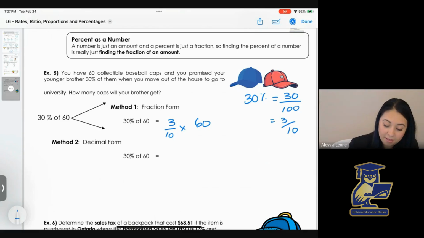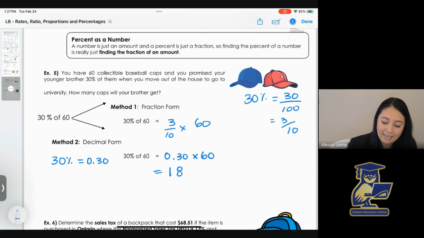Another method is decimal form. So if you change that into a decimal, we know that from conversions, 30% is 0.30. Then you would take that decimal times 60, and that number is 18.